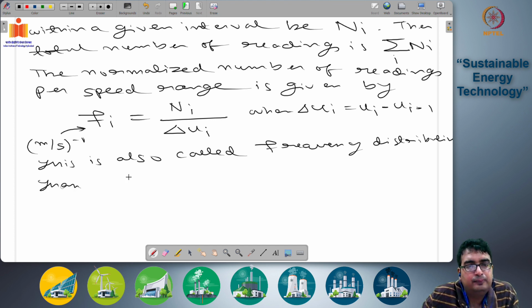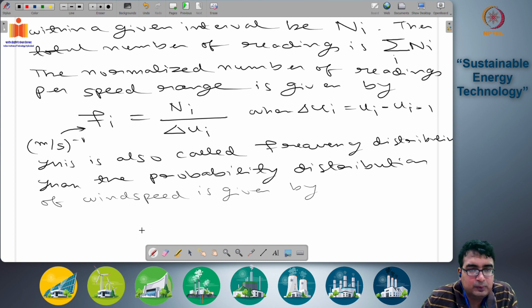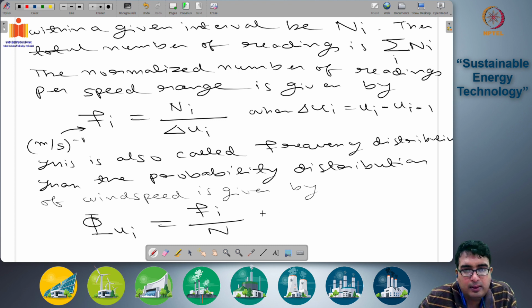Okay, then the probability distribution of wind speed is given by phi of ui equals Fi by n, equals Ni by delta Ui by n.